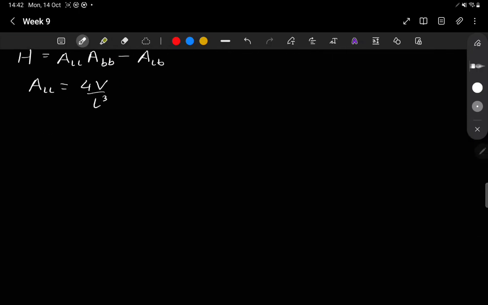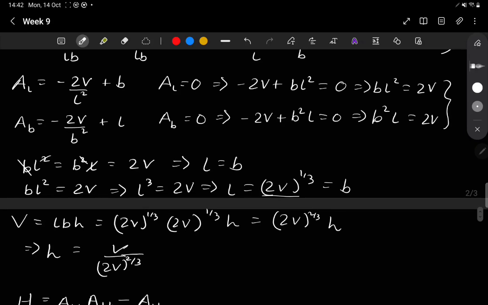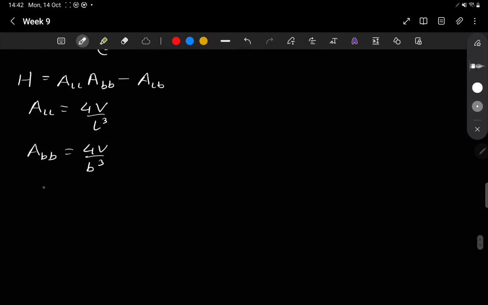Similarly A, B, B, and ALB is 1. So this gives me the Hessian as following.